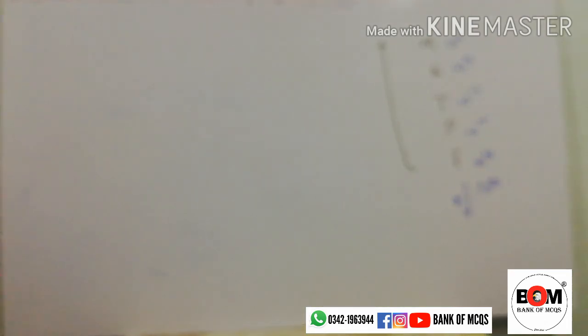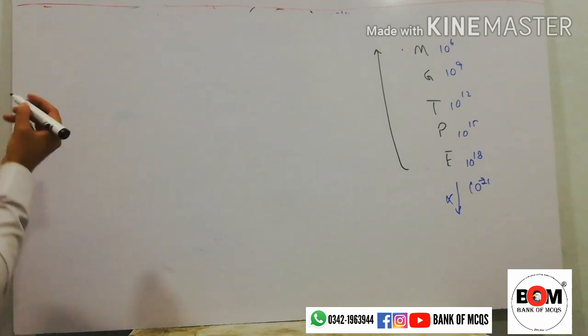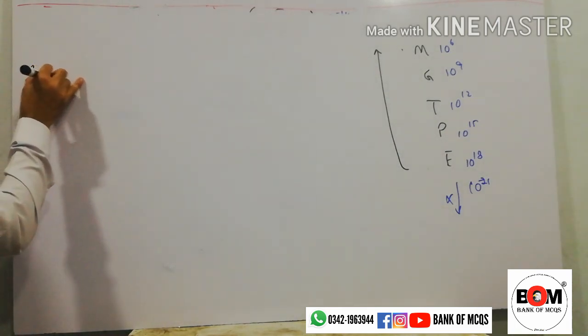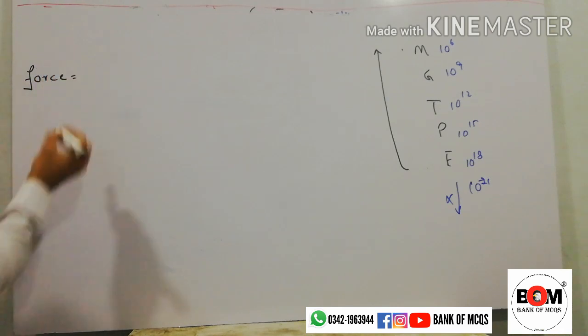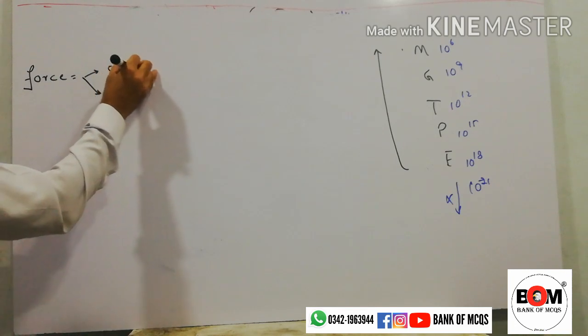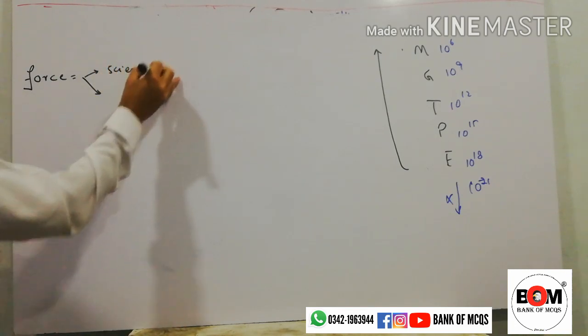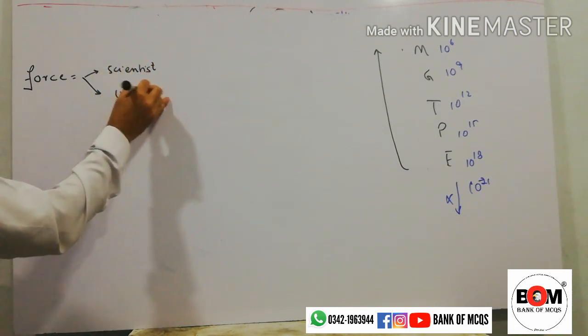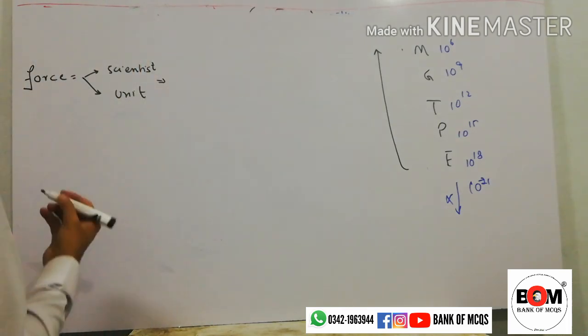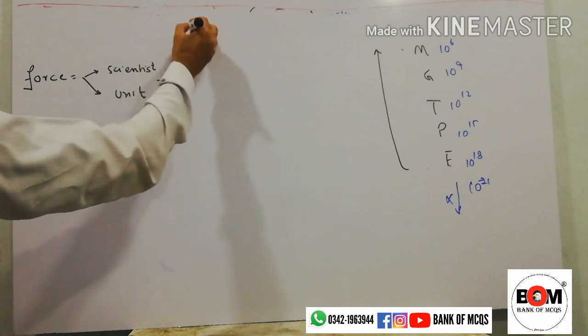that if you want to write the unit of force, we know that the unit of force is newton. There are two Newtons, one is the scientist and the other is the unit, and both have the same name. So which one is the unit and which one is the scientist?